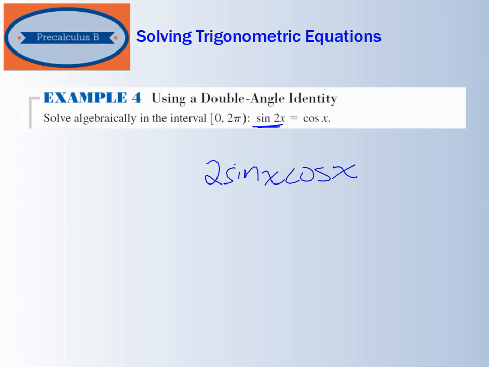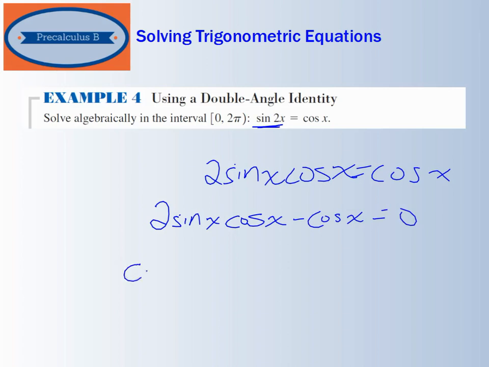And I want to know, where does that equal cosine x? So I could subtract cosine x from both sides. I get 2 sine x cosine x minus cosine x equals 0. I can now factor cosine x out.